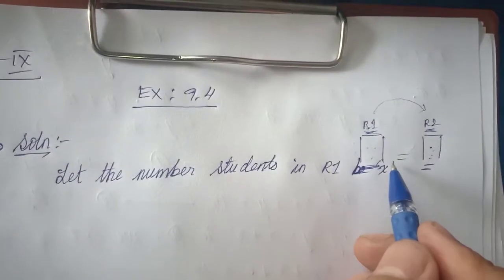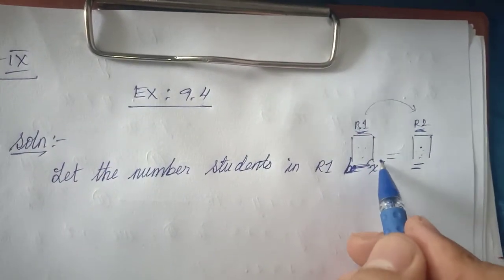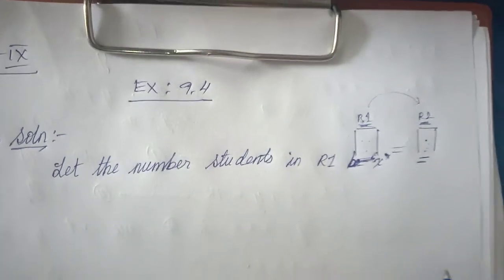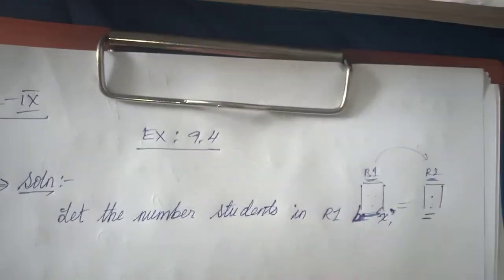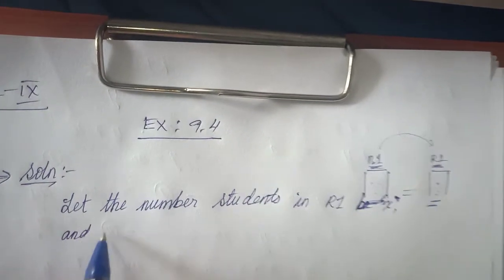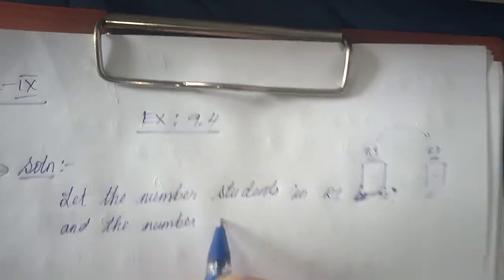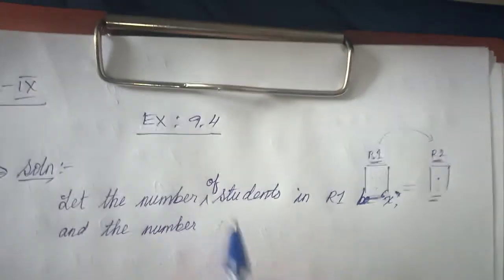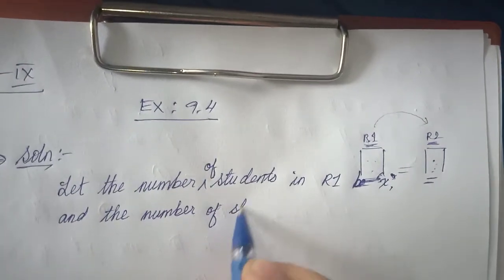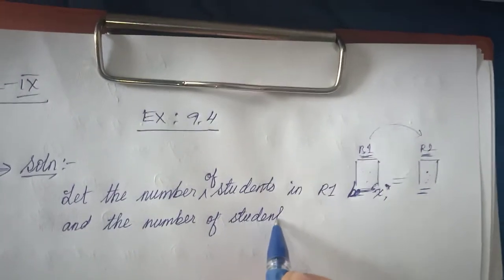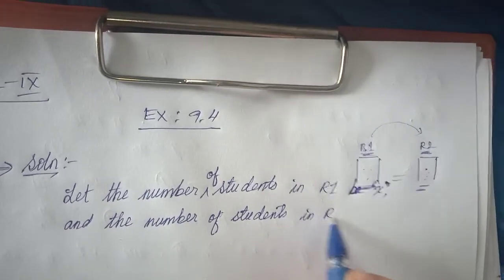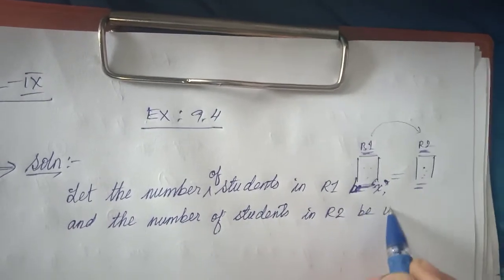So we will use x as the number of students in room 1, and the number of students in room 2 be y.